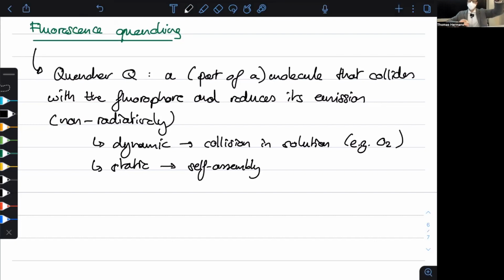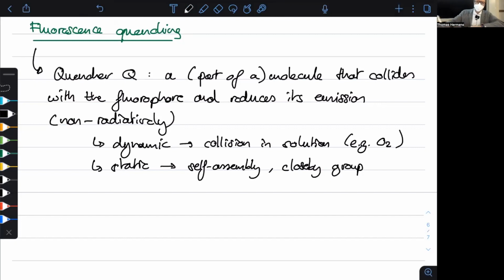Self-assembly brings molecules close. When molecules are close, they can interact and quench each other, or it can be just a close-by group. You're in a protein, the protein is folded, there might be one moiety that is quenching tryptophan, therefore you don't see tryptophan emission.